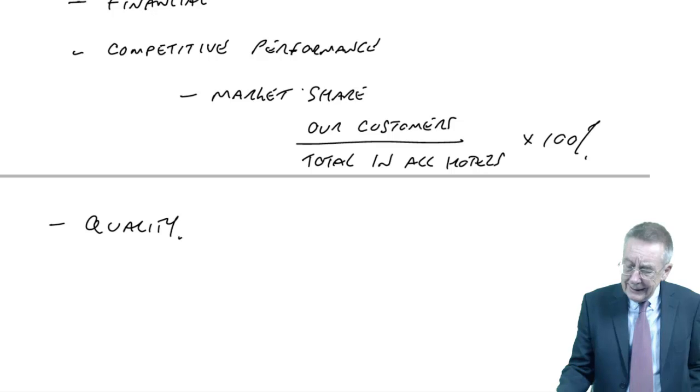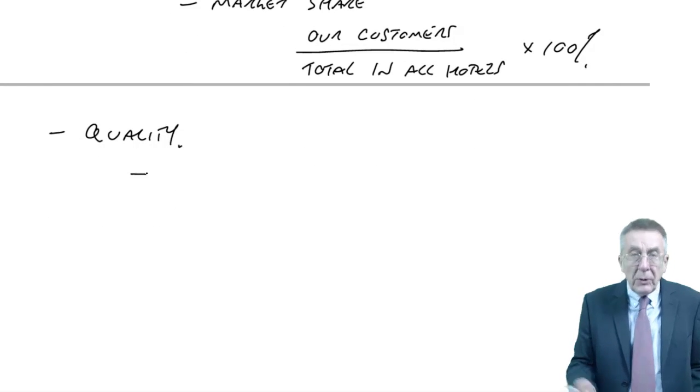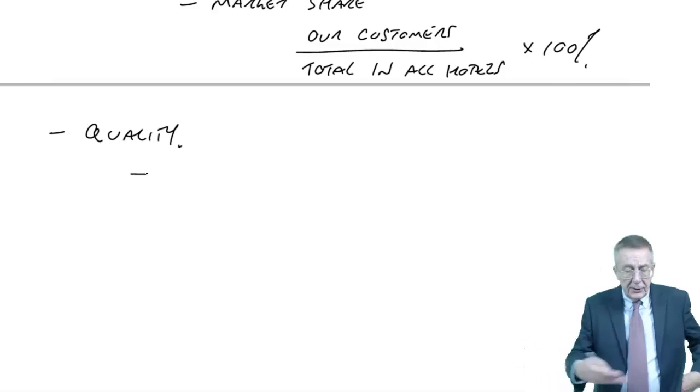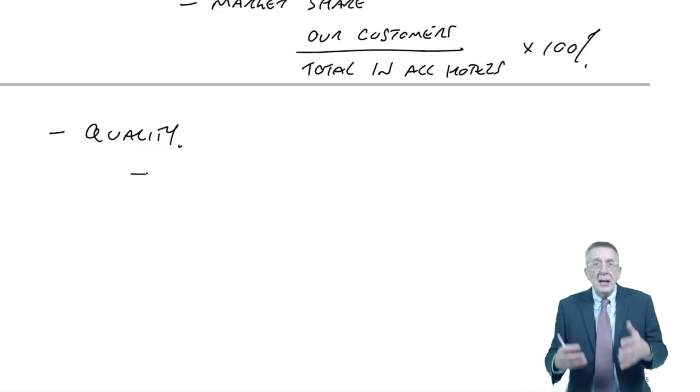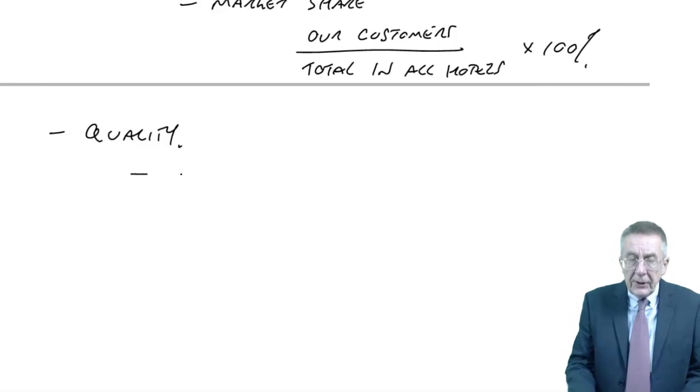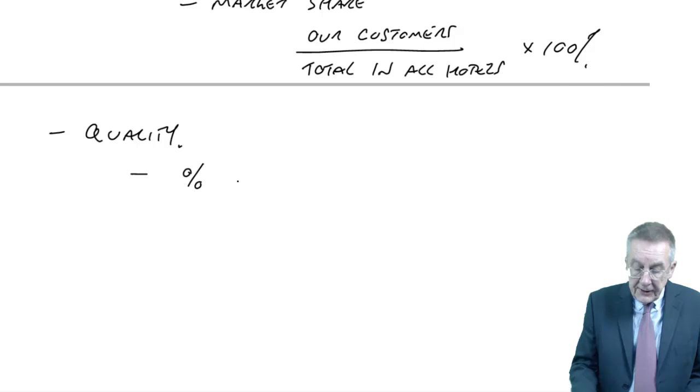There's several things you might look at. For instance, and they're only suggestions, I say again, after this, do practice past exam questions and see what information's given and how you might make use of it. The sort of thing you might measure is the percentage of customers returning.